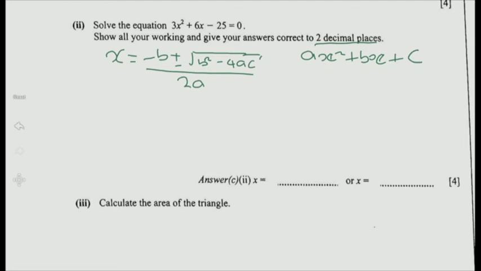So in this case, looking at our equation, what's the coefficient of x squared? It's 3. So your a is 3. Your b is that coefficient of x, which is 6.